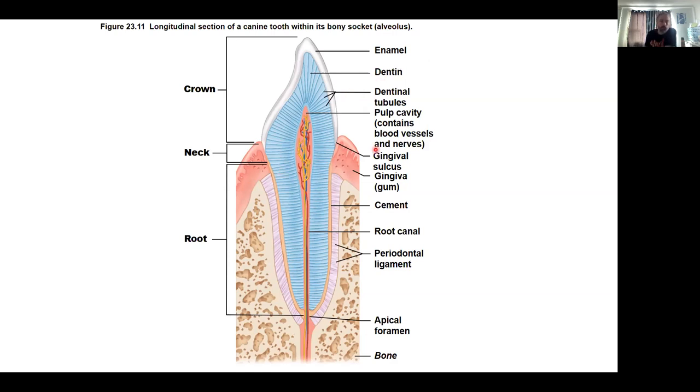Within the root, again, we have dentin and we have pulp, but the outermost layer of tissue here is called cementum, or cement. The job of the cementum is to attach to the periodontal ligament. The periodontal ligament holds your tooth by the root in the socket in your jawbone.